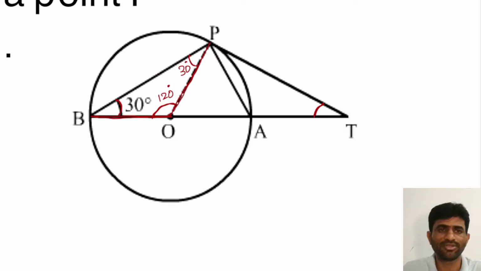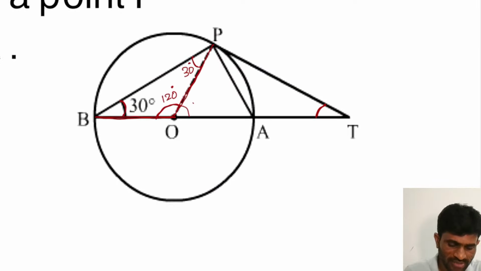So angle BPO is 30 degrees, then angle BOP is 120 degrees. If angle BOP is 120 degrees, this angle POA is 60 degrees because they are a linear pair of angles. Angle POA is 60 degrees.